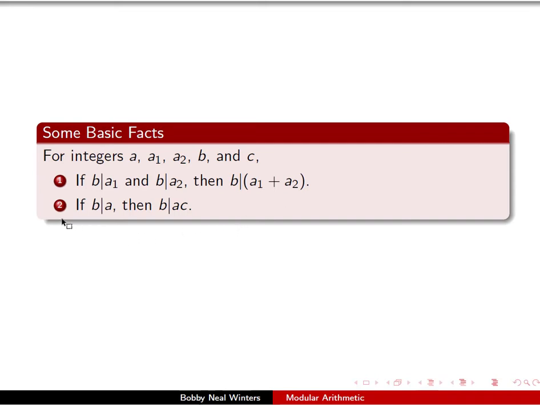And the second bit: if b divides a, then b divides a times c, where again c is any integer. This is pretty easy to see. What I'm going to use this for mainly is that if b divides a1 and b divides a2, then b will divide a1 times a2. But we get more if we state it this way. We get a little bit more.